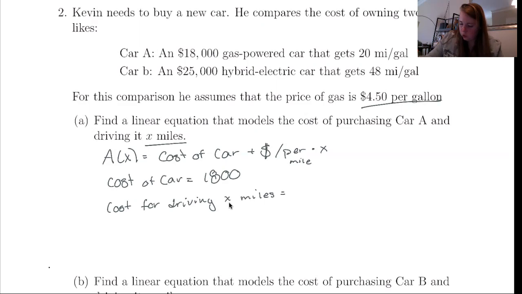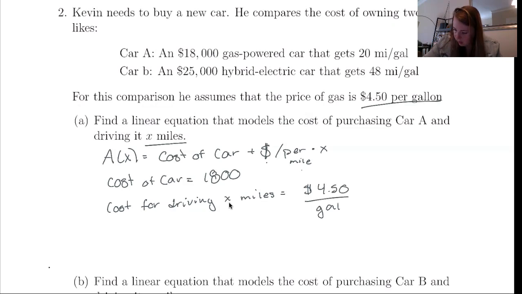So we get 20 miles per gallon. So I get 20 miles for every 1 gallon. But then I also get $4.50 per gallon. So I want money per mile. So I want $4.50 for every gallon.